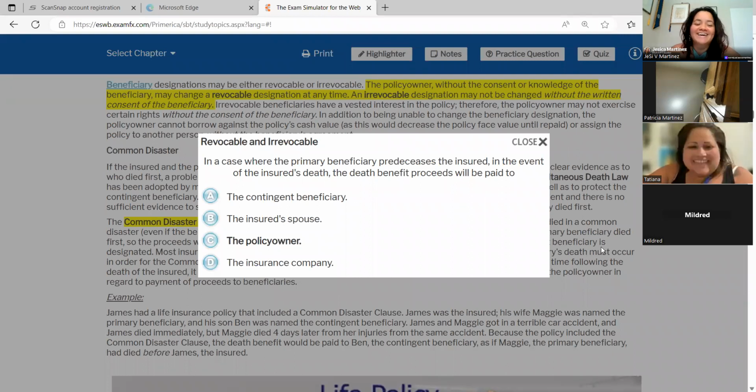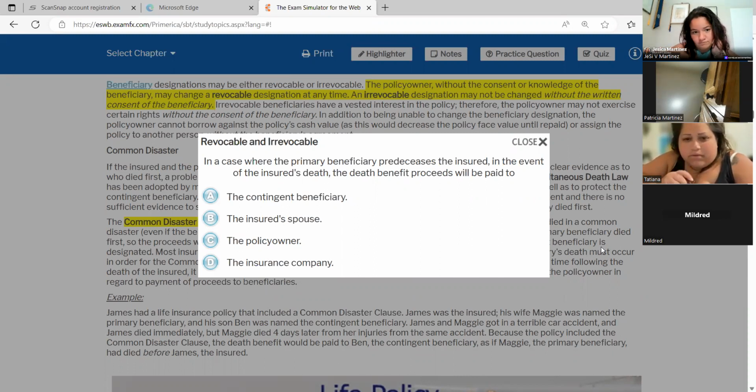In a case where the primary beneficiary predeceases the insured, in the event of the insured's death, the death benefit proceeds will be paid to the contingent beneficiary, the insured's spouse, the policy owner, or the insurance company.